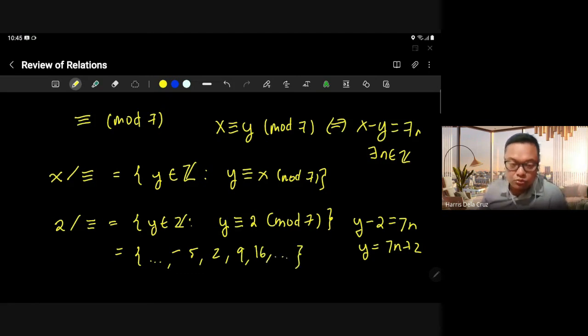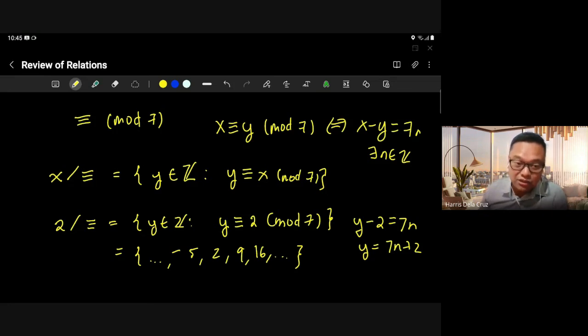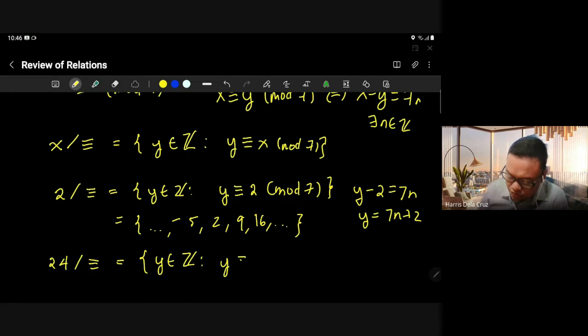So, yun yung laman ng 2 over modulo relation. Okay, so hindi siya empty. Kahit anong x ang gamitin mo, laging may laman yan. For example, kuha pa tayo ng isa. Let's say, kumuha ako ng ibang number. Let's say 24. 24 over modulo relation. Ano daw yung laman niya? Ang laman niya, lahat ng y na integer such that y is congruent this time sa 24. Okay? Modulo 7.